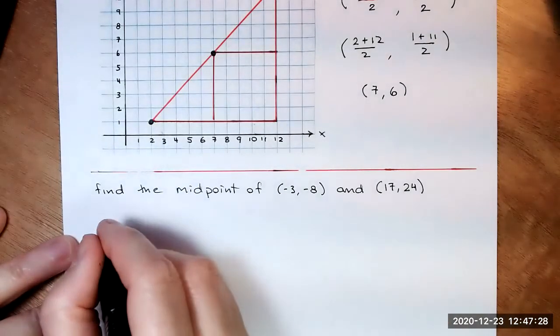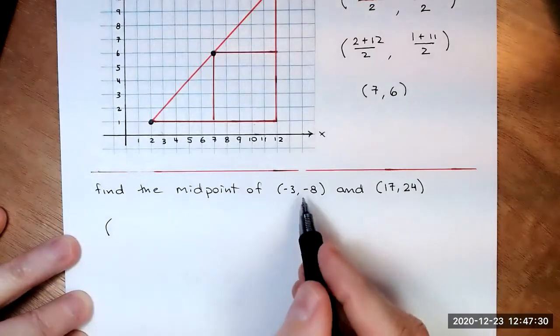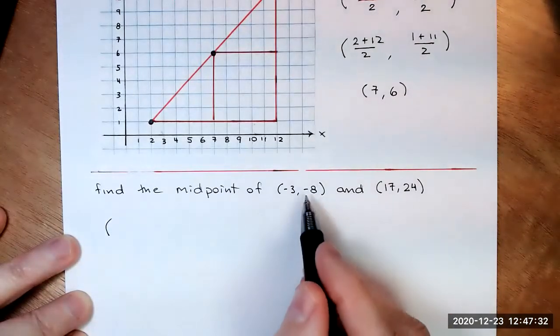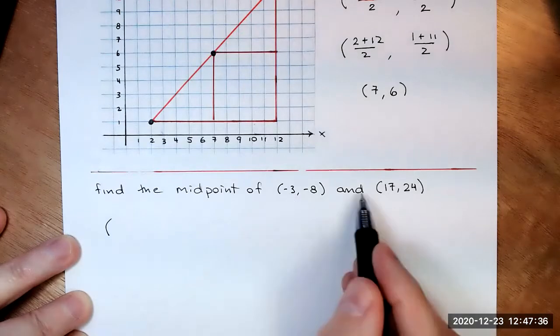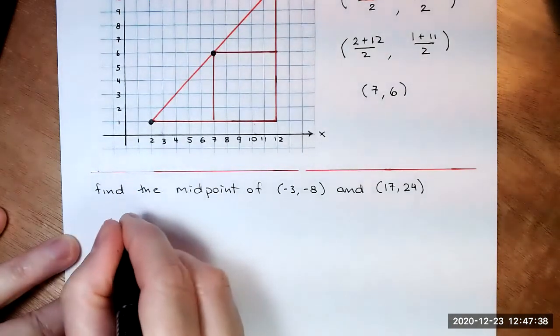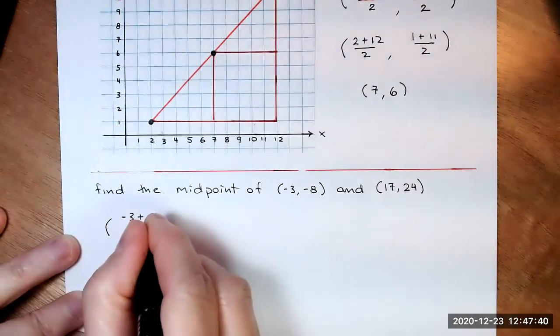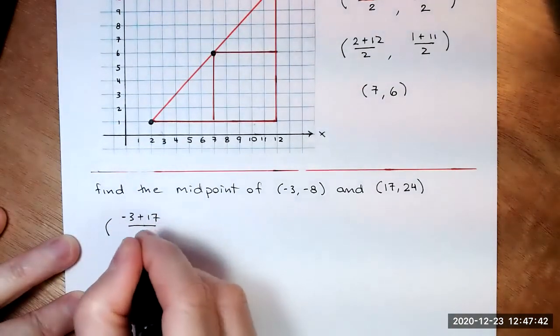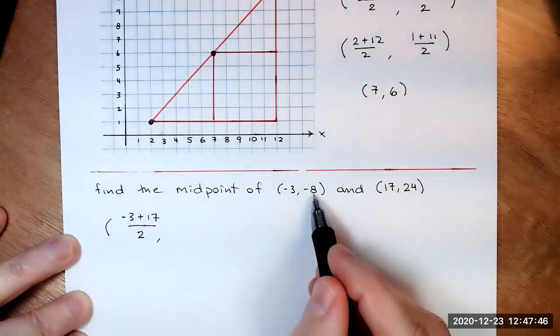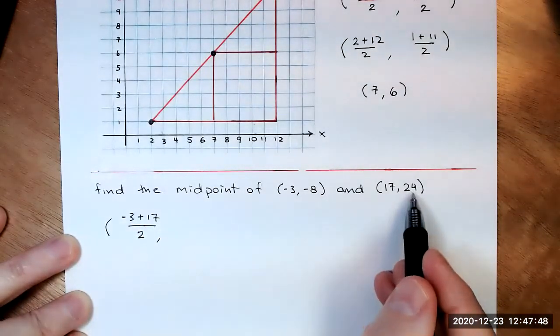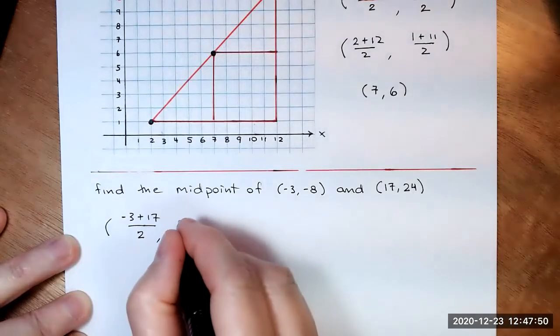All right, so the x-coordinate of the midpoint is just the middle of -3 and 17. So it's -3 plus 17 over 2. And the point halfway between -8 and 24 is the y-coordinate of the midpoint.